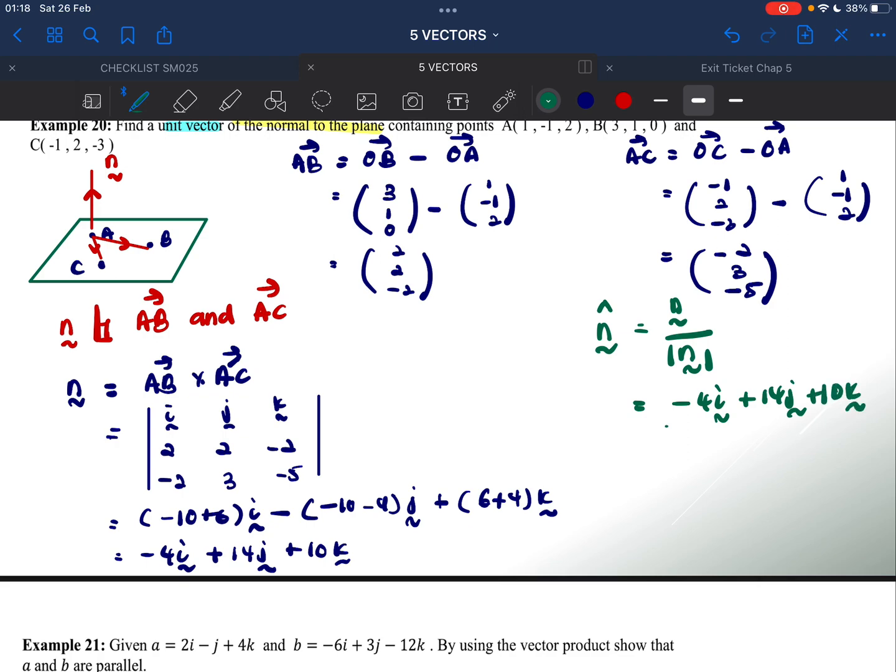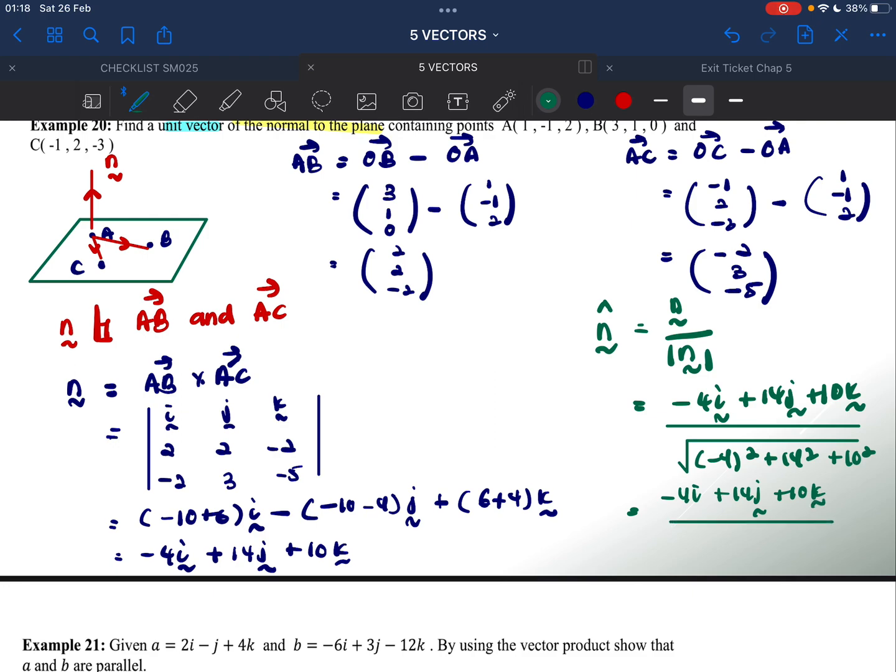So the magnitude is the square root of negative 4 squared plus 14 squared plus 10 squared, which is the final answer negative 4i plus 14j plus 10k over 2 square root 78.